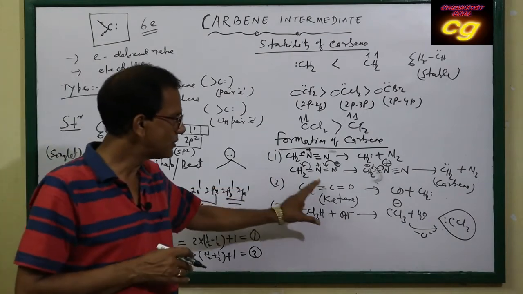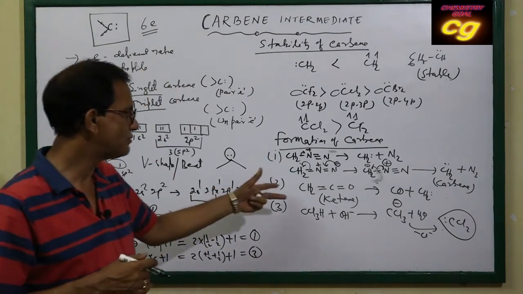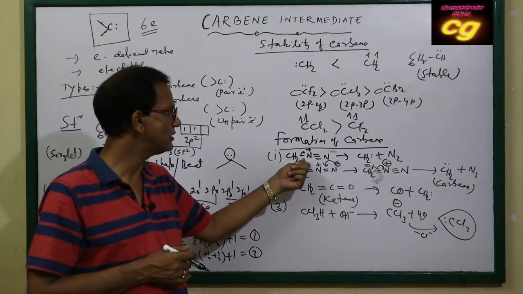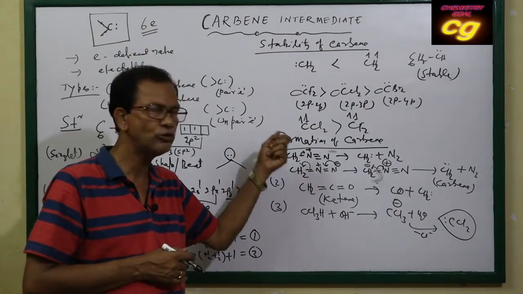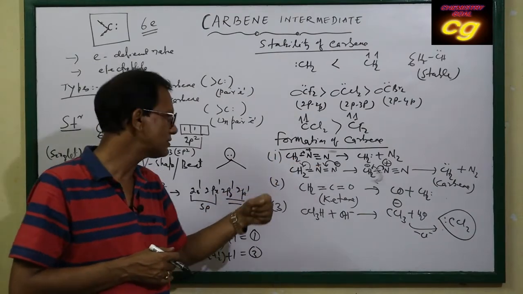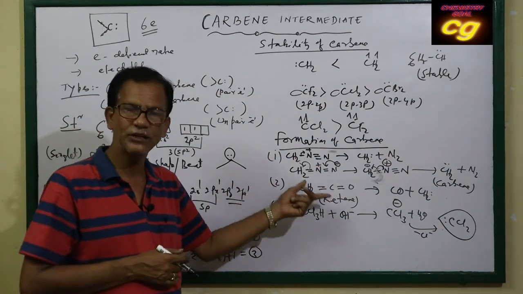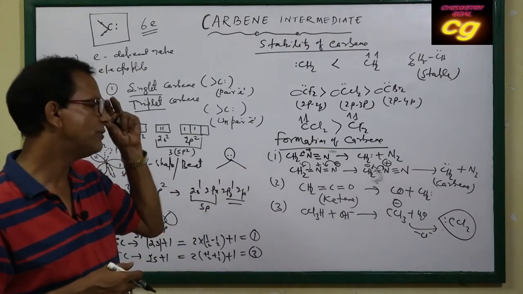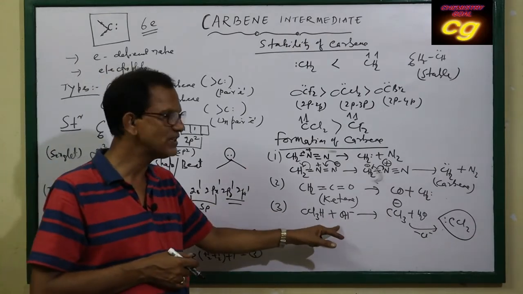So different types of carbene are produced, depending upon whether the organic compound has diazo structures, that is two nitrogens attached, or is a ketene compound, a diazo compound, or a trihaloalkane derivative in the presence of strong base.